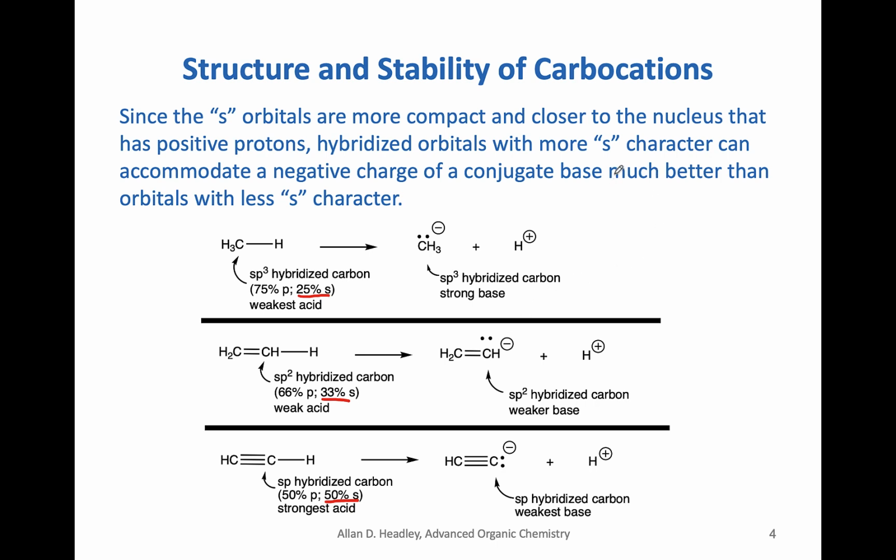Because you will recall from your general chemistry course that the protons are in the nucleus, and the s orbitals are closer to the nucleus in terms of their spherical nature, at least compared to the p orbitals. So if the s orbitals are closer to the nucleus, which is positive with the protons, they attract electrons. So the more s character there is, the more electronegative will be that atom.